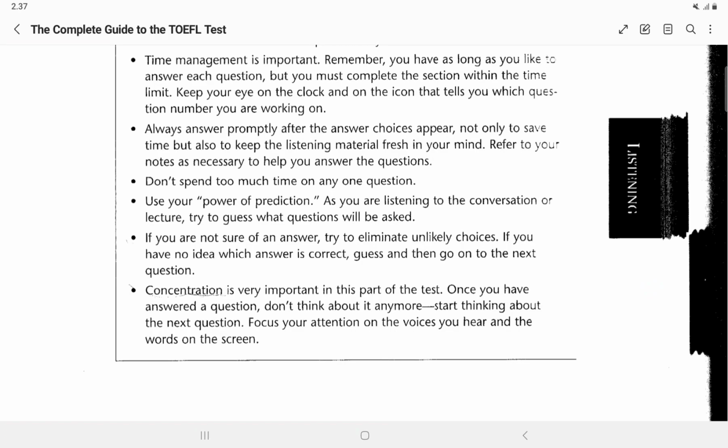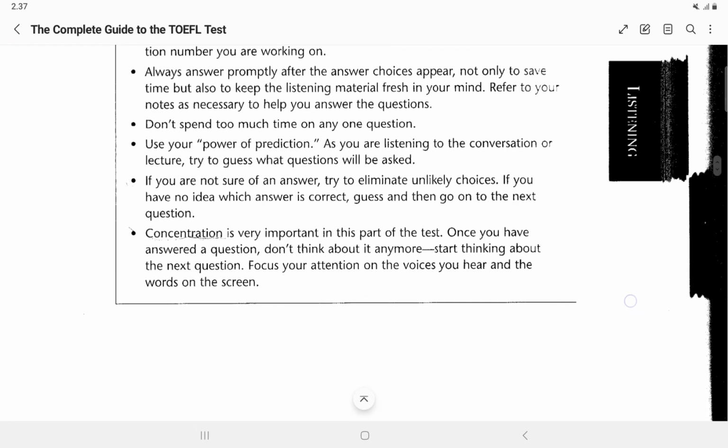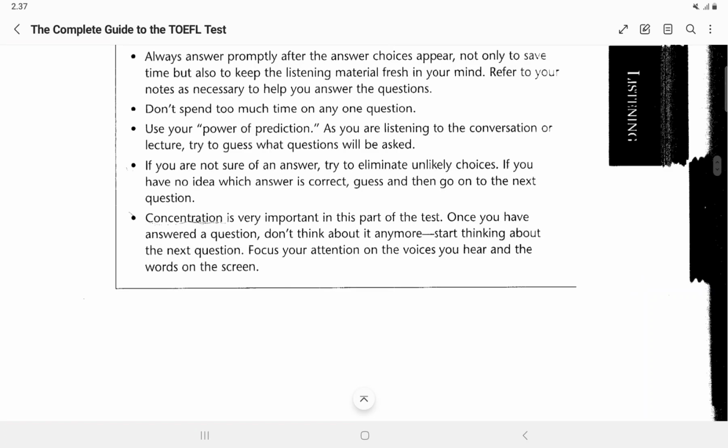Remember, you have as long as you like to answer each question, but you must complete the section within an overall time limit. Keep your eye on the clock and on an icon that tells you which question number you are working on. Always answer promptly after the answer choices appear, not only to save time but also to keep the listening material fresh in your mind. Refer to your notes as necessary to help you answer the questions.